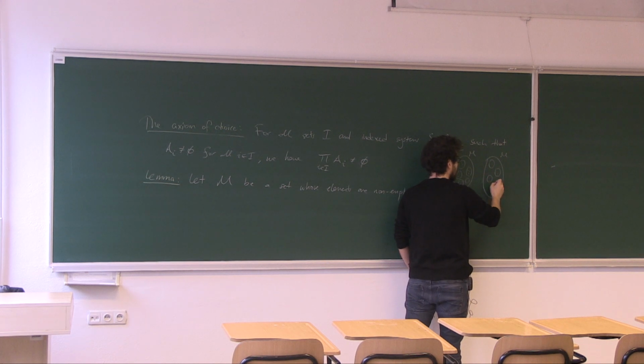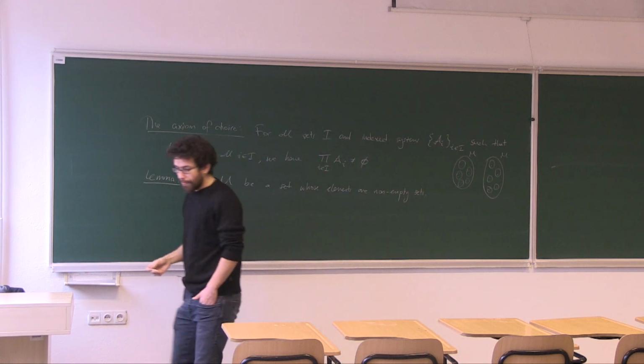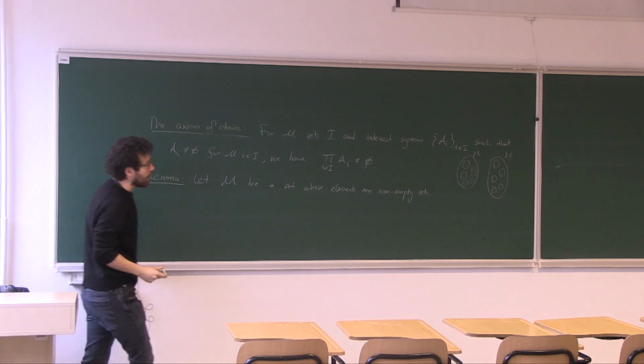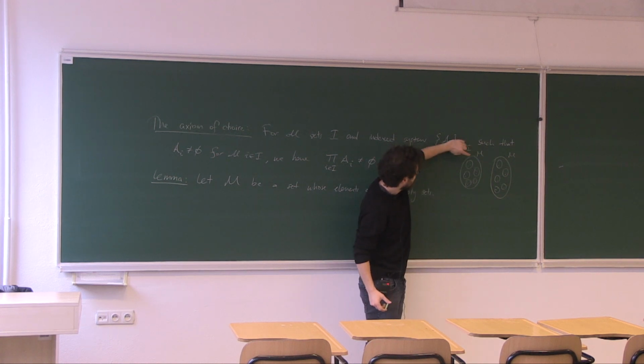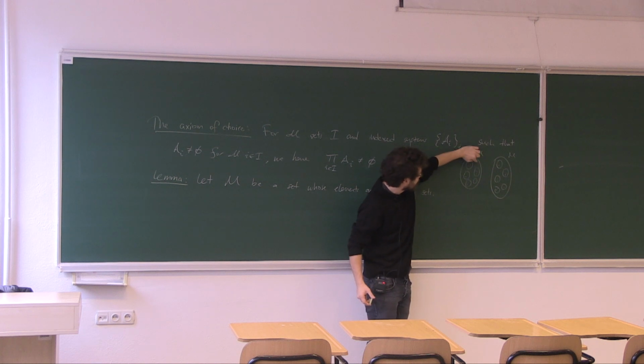So what I want to do is the following. I want to choose one element from each set in M. Think of this as my collection of sets. These are non-empty sets. I want to choose one element from each one.